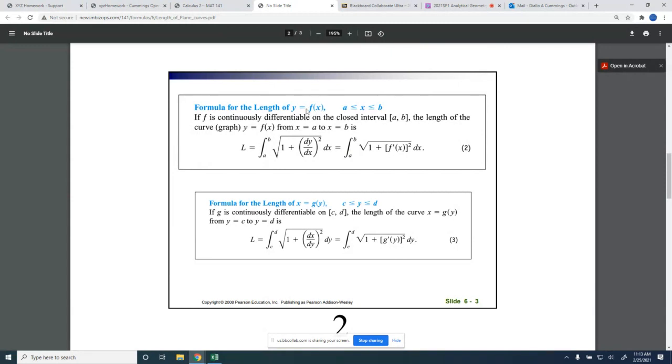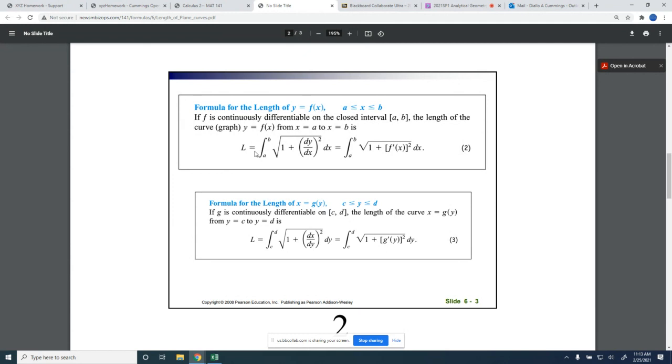So we're given a function and an interval on the function, x runs from A to B, and if that function is continuous on the closed interval, we can approximate the length of the curve by using this formula.